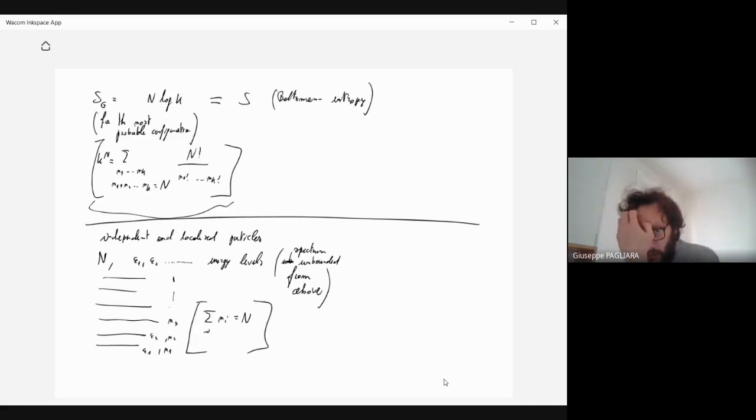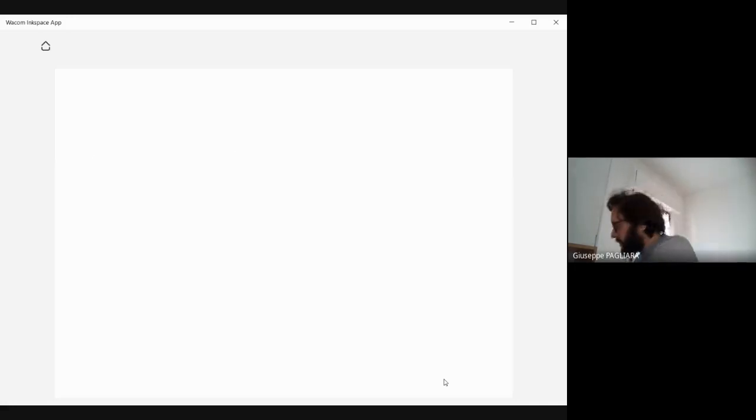But now the situation is more complicated if I add another constraint, which is the following. Let me write it again.